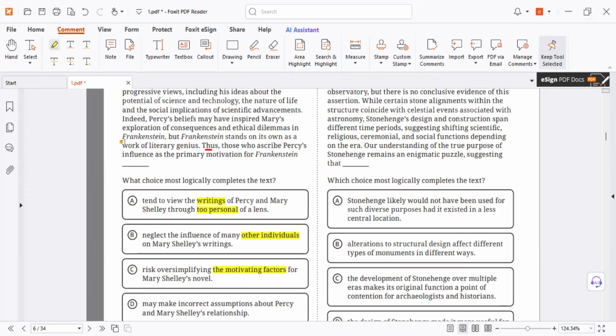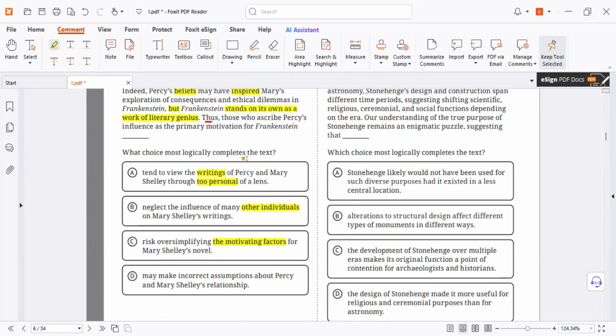You see, especially the last sentence. Beliefs may have inspired, but Frankenstein stands on its own as genius. That means his writing has different motivating factors, not only the marriage. So this means it's oversimplifying motivating factors. So the critic cannot catch the other motivation factors, not only the marriage.